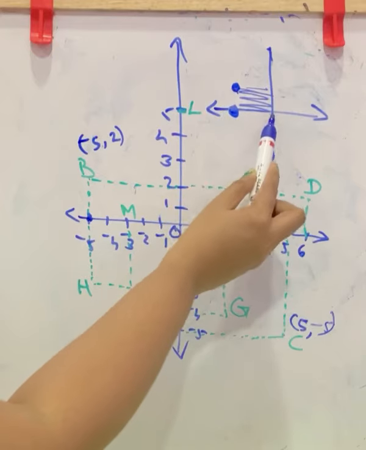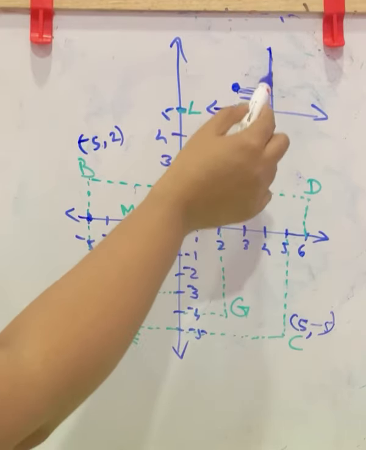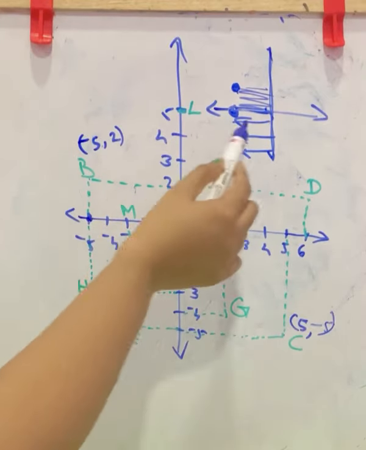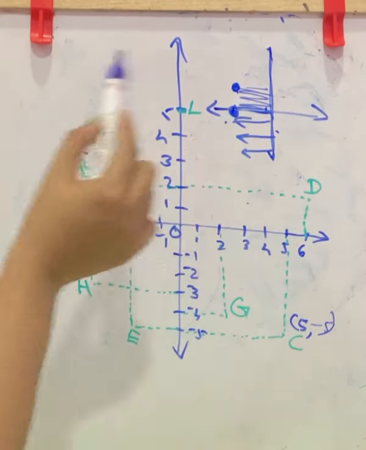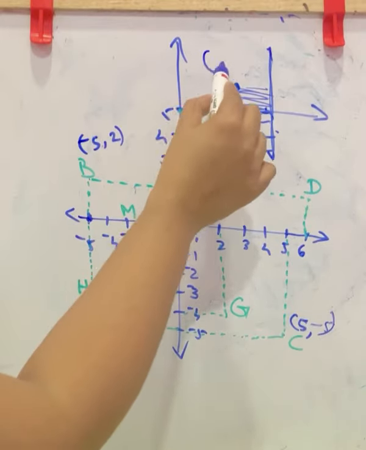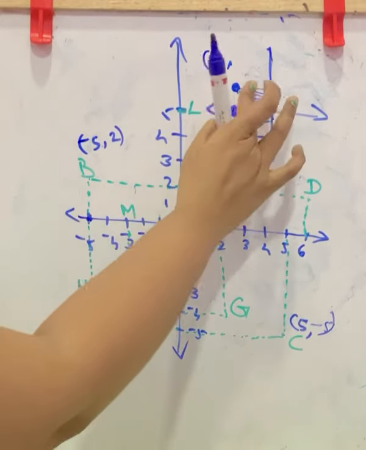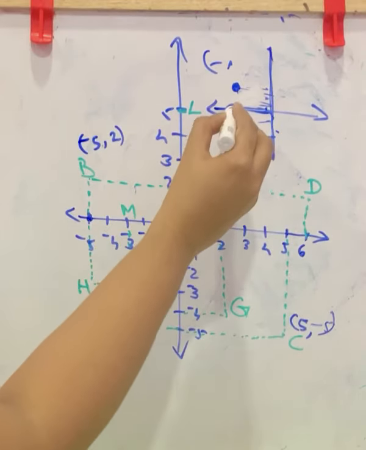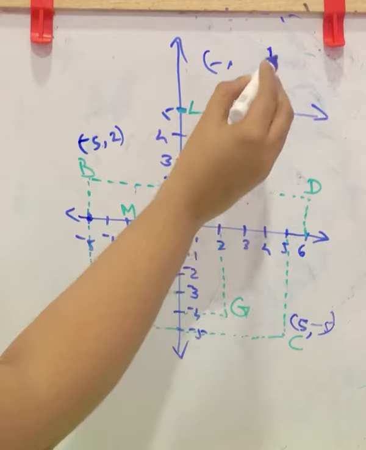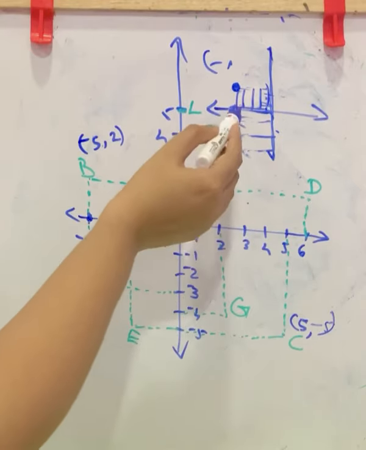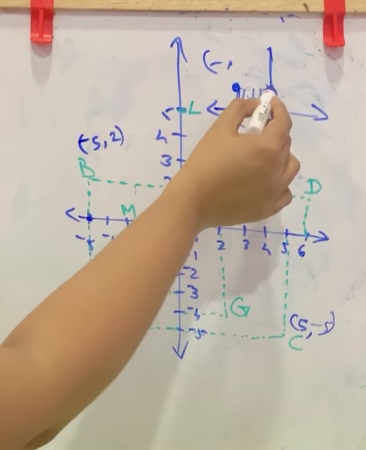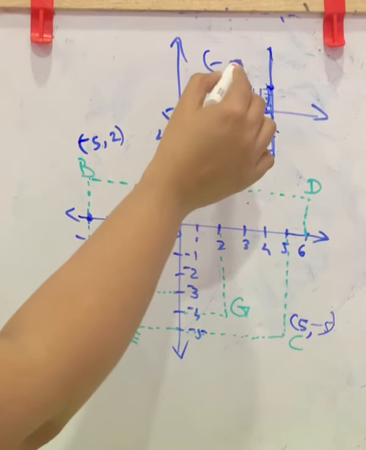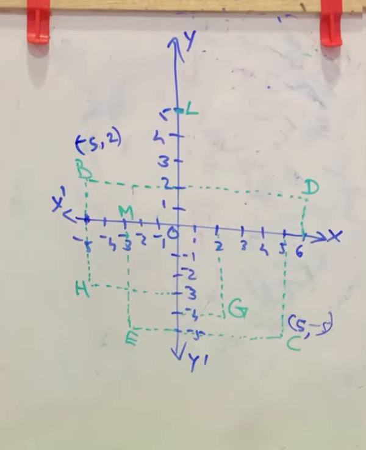This distance is from the y-axis, but it lies on the x-axis. First you will write that. Next you check the height. This is the height. That is the distance from the x-axis, but the value lies on the y-axis. That is the y. I will repeat it once more.